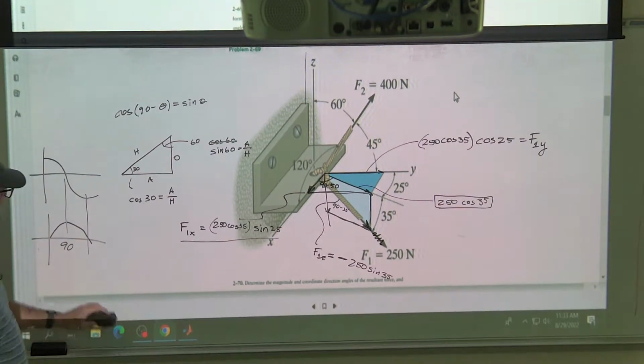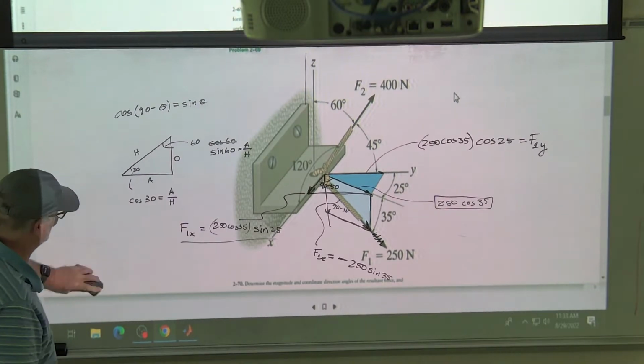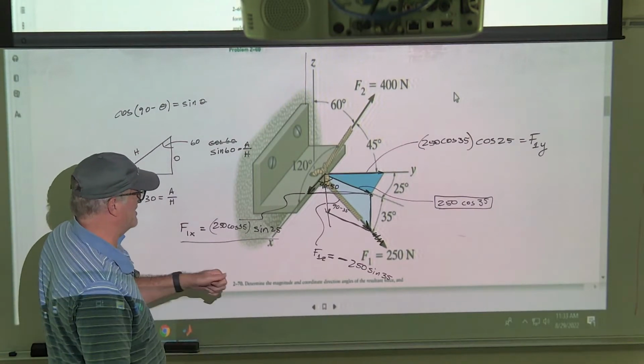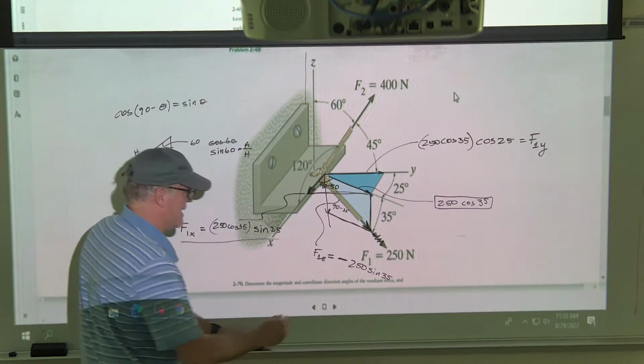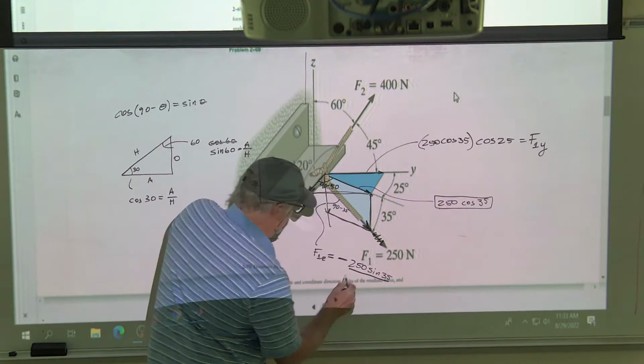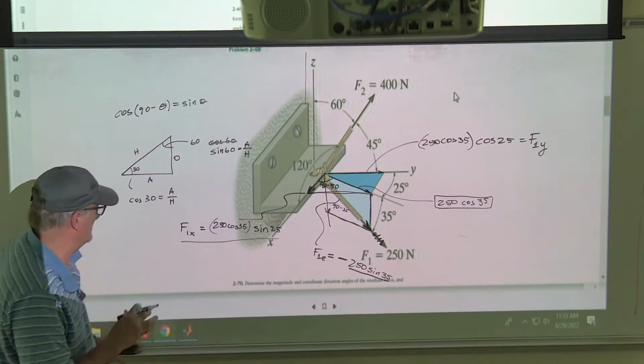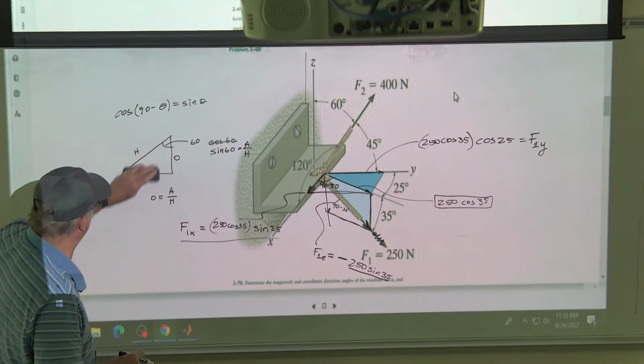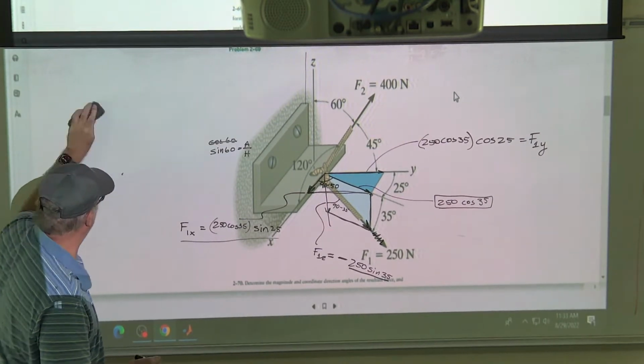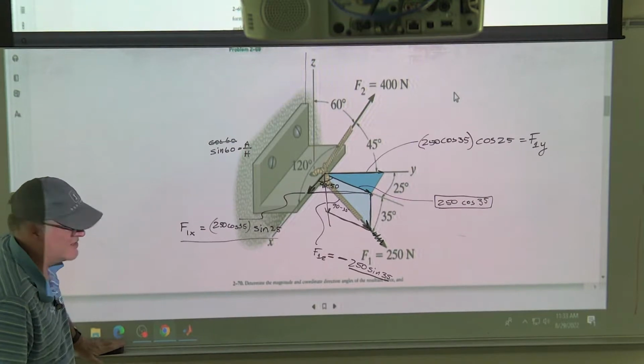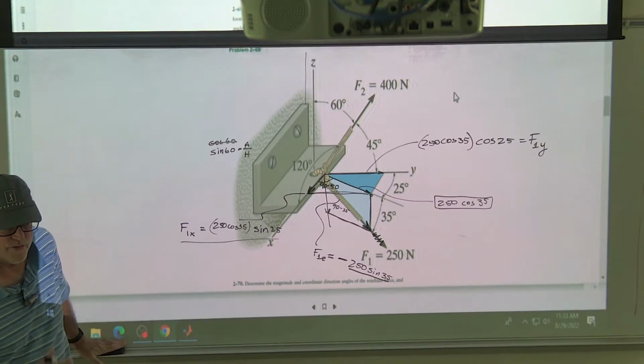So in essence, this all goes back to the dot product. That's the way I look at things now. I don't know what he will say in the book. He probably won't even address opposite, adjacent, or anything. He just writes it down because he's assuming that you've already gone through that concept.